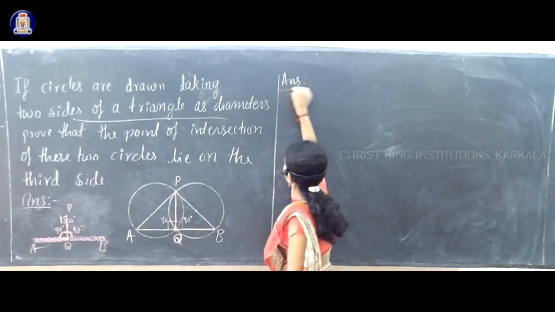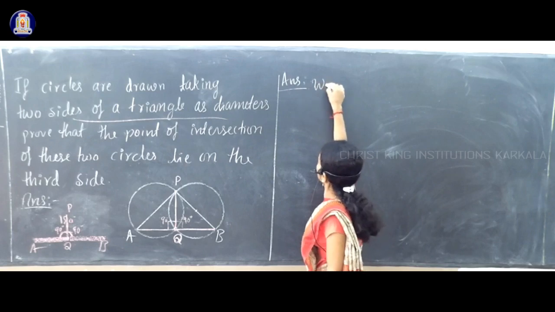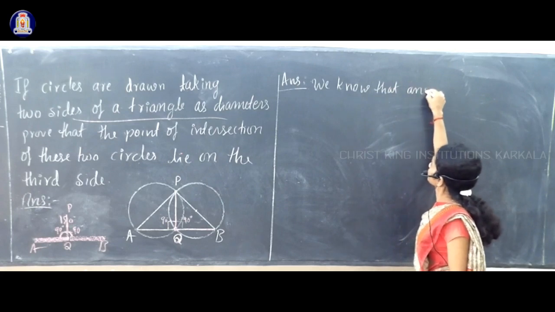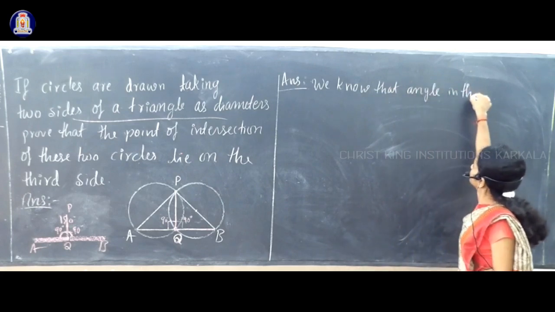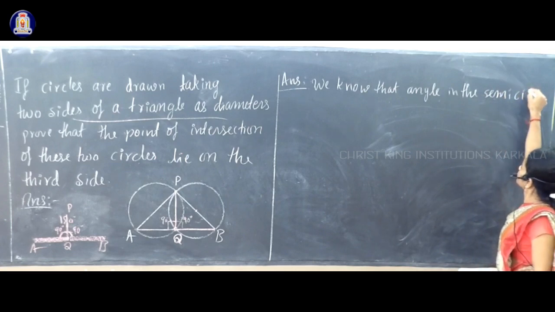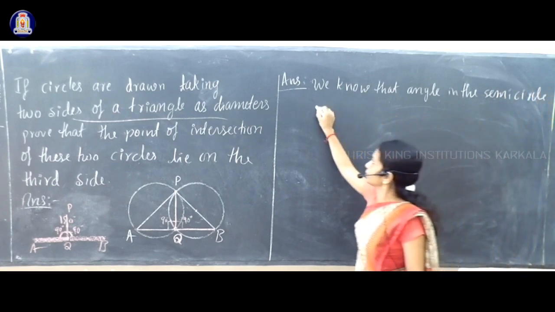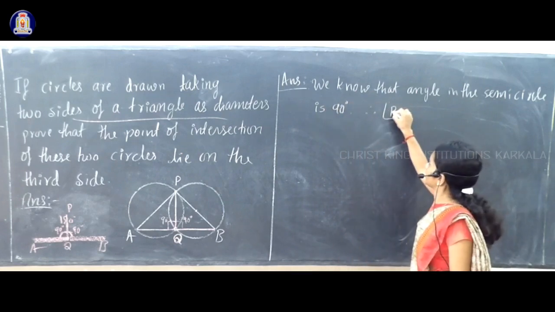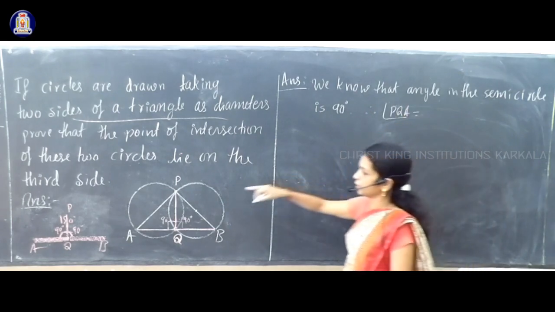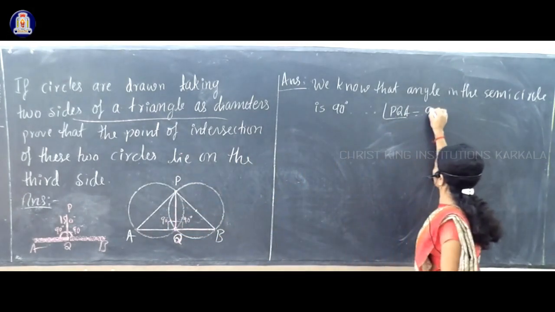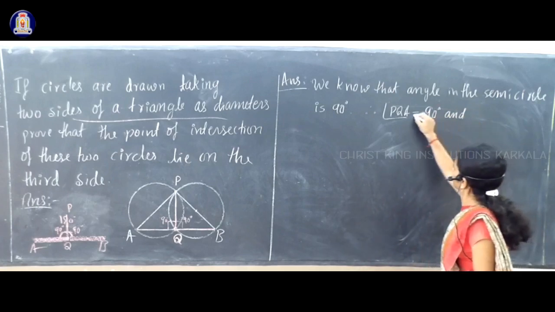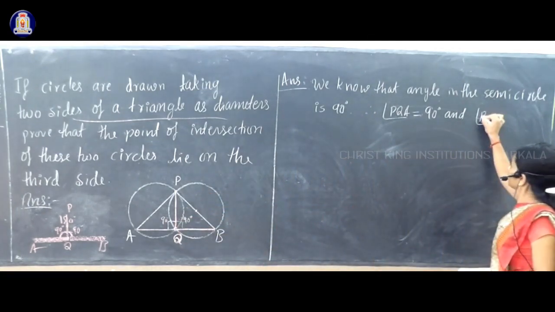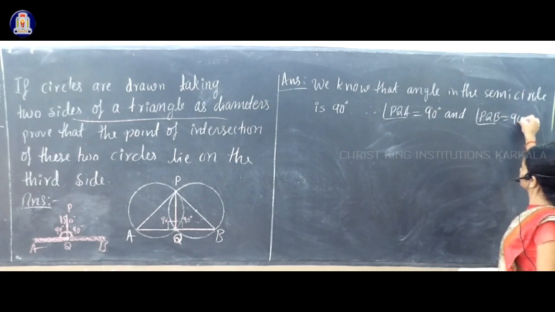in the answer part. Answer: we know that angle in the semicircle is 90 degree. Therefore we can write angle PQA is equal to 90 degree, and this side angle at Q also, that is PQB, angle PQB is also equal to 90 degree.